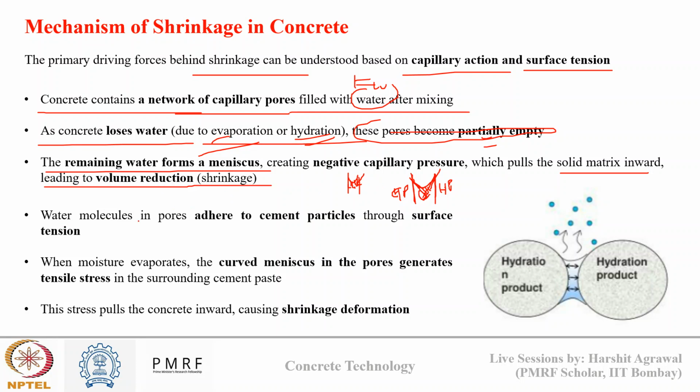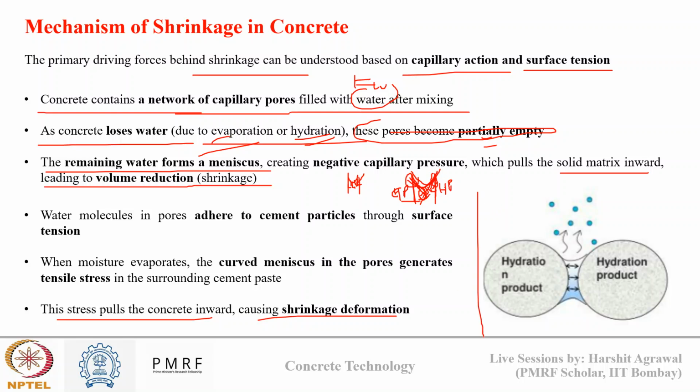Now the water molecules adhere to the cement particle surface due to surface tension. So we have seen here, due to surface tension, the formation of a meniscus. As the moisture evaporates, the curvature of the meniscus generates a tensile force. You can see this tensile force is generated on the cement paste, and this causes stress on the concrete inwards, which leads to shrinkage deformation.